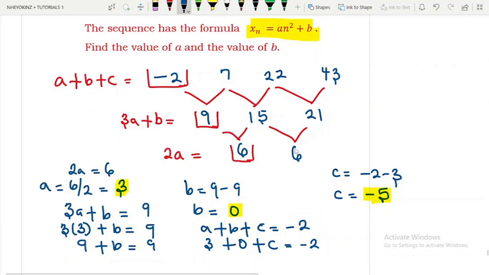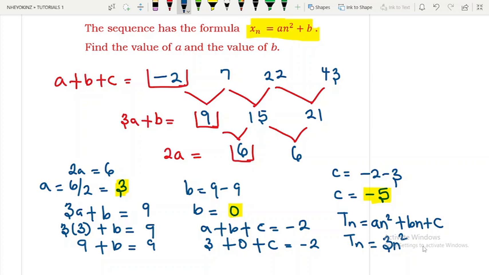Now if we assume that the nth term t sub n equals an squared plus bn plus c, by the time you substitute the values of a, b, and c, a is 3, so 3 times n squared will give us 3n squared. b is 0, 0 times n is 0, plus, now what's our c? c is negative 5.